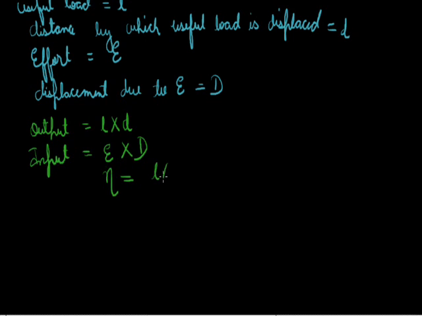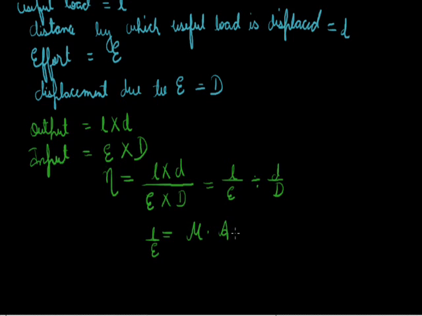So it is L into small d by E into capital D. It can be written as L by E divided by small d by capital D. Here we conclude that load by effort is mechanical advantage and displacement due to effort by displacement of useful load is velocity ratio.